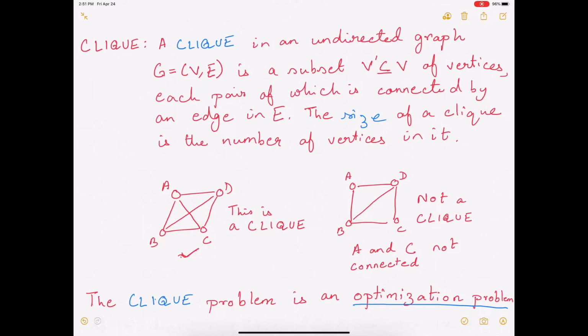Therefore, A, B, C, D do not form a CLIQUE. But if you look at A, B, D, they together form a clique because they're connected to each other. So in this case A, B, C, D together don't form a clique, but A, B, D alone form a clique. So a clique in an undirected graph is a subset of vertices such that each pair of vertices is connected to each other with an edge.